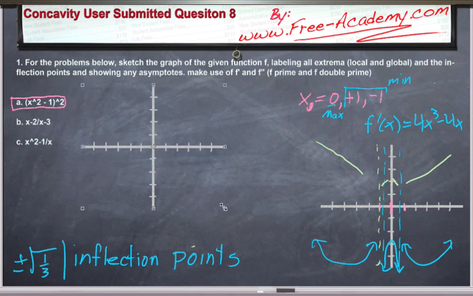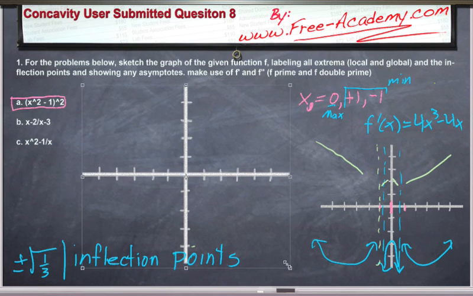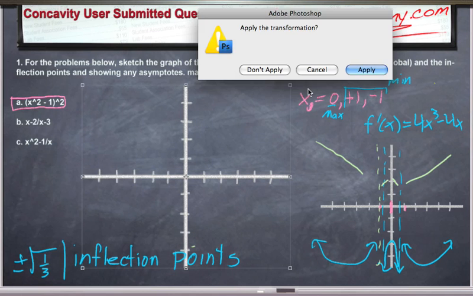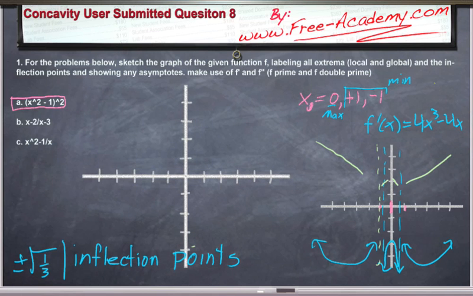Let me bring one in and make it bigger. Alright, so let's say that this point here, let's make this equal to 2. This is going to be negative 1, and this is going to be positive 1.